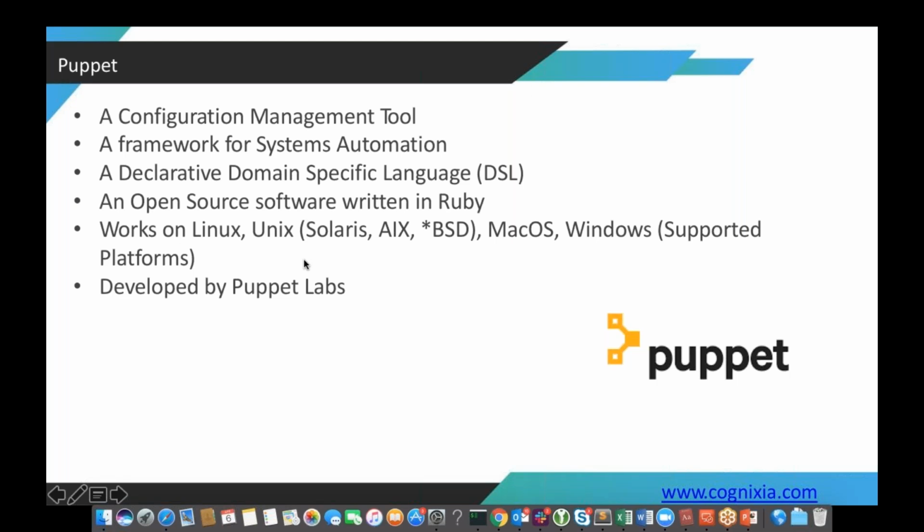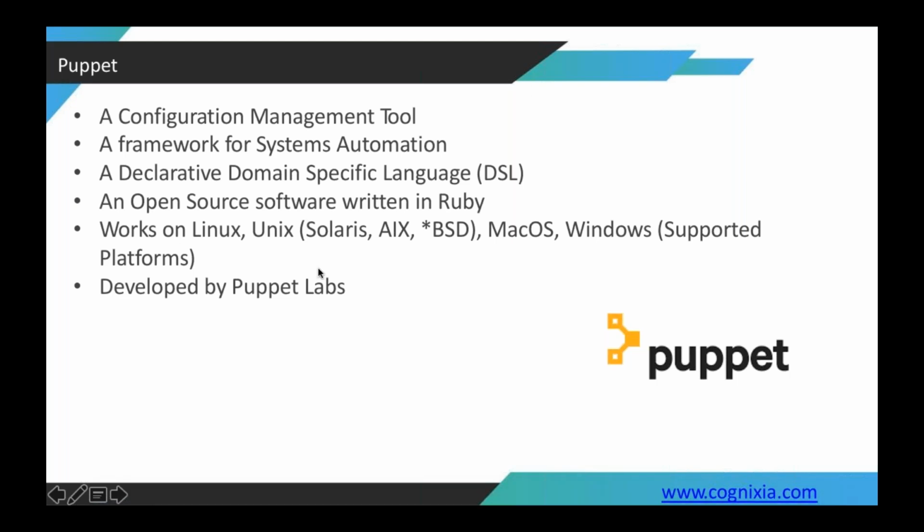Okay, that we are going to detail out more. And similar to the Chef, Puppet is supported on different operating systems, so you can run it on Linux, Unix, Mac OS X, Windows. So you can run the Puppet agent anywhere on these operating systems.